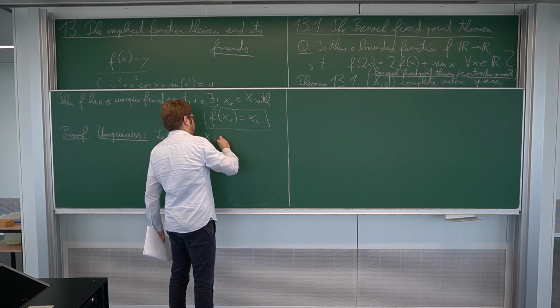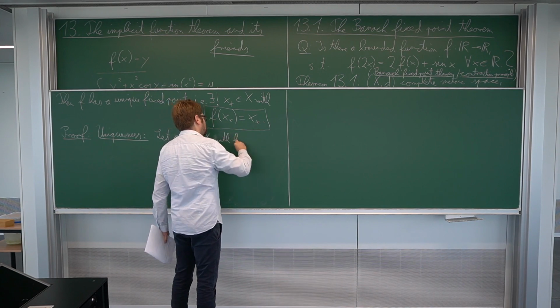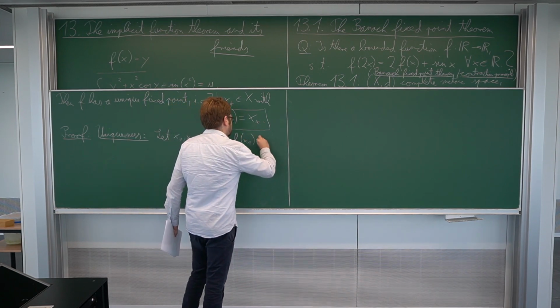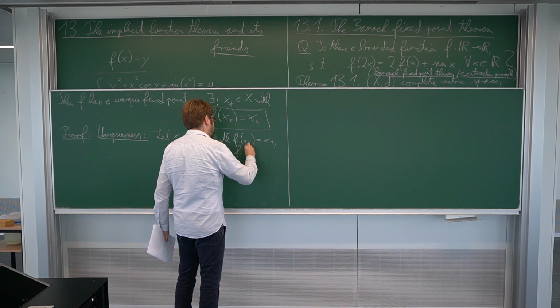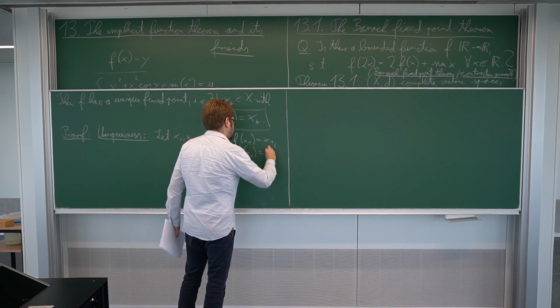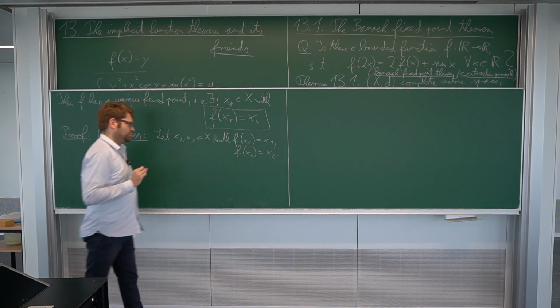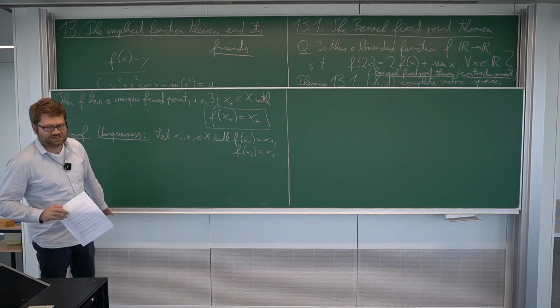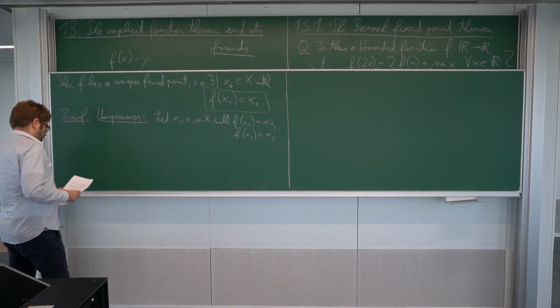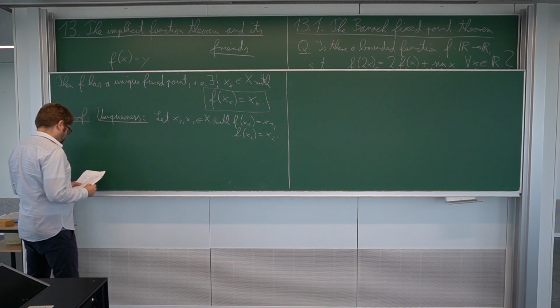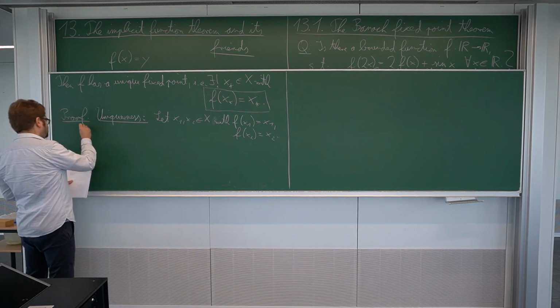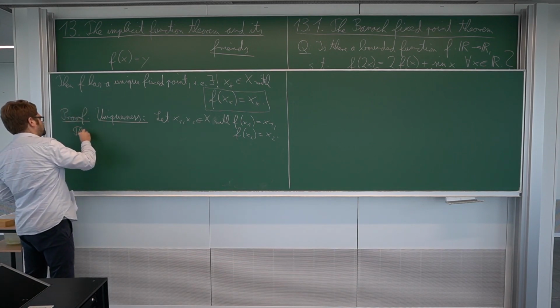Both of them are fixed points, so f of x1 is x1 and f of x2 is x2. For uniqueness we just need to show that these two points must coincide. There's a simple way to do so, namely we consider the distance of these points.